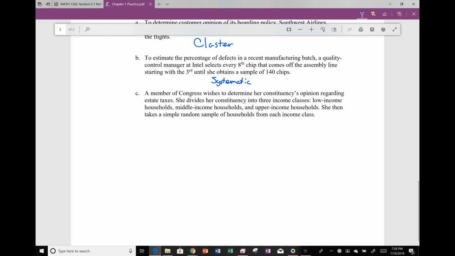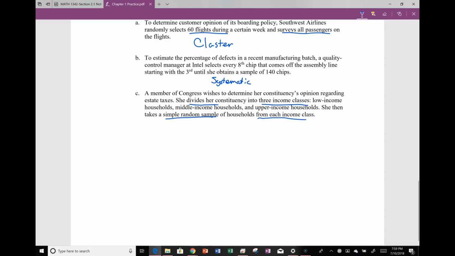So she divides her constituencies into 3 classes. Then she takes a simple random sample from each class. So she wanted to make sure that she had a good proportion, and so she did divide them into groups. Therefore, it's either going to be cluster or stratified. But since she picked somebody from each group, that's going to be a stratified.